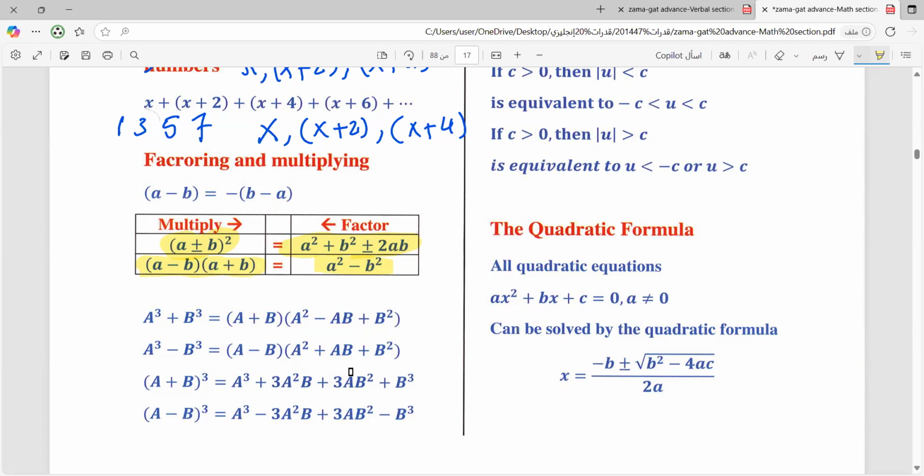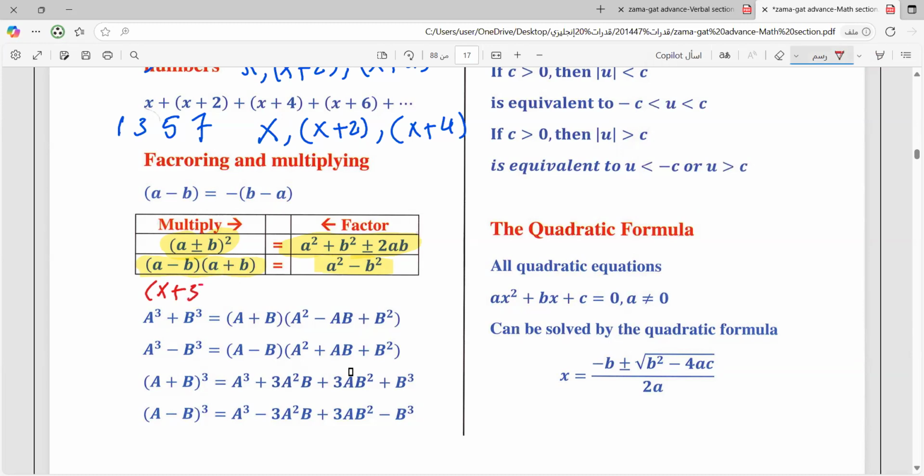I give you an example to show you how you find it. If given (x plus 3) squared, we expand. You have two ways: write the brackets repeated 2 times, or write the same relation here.